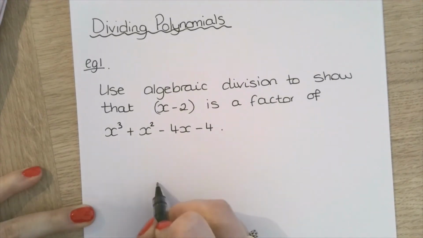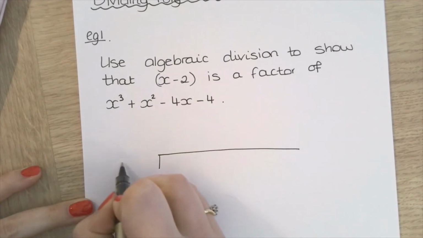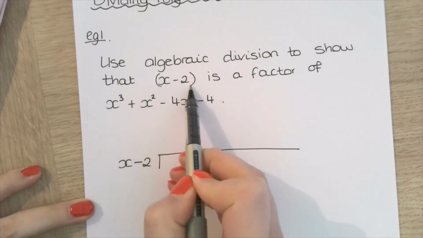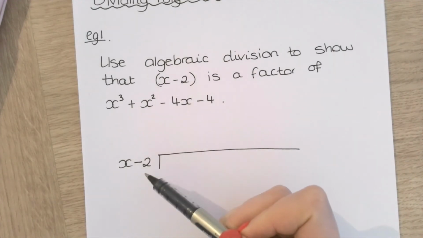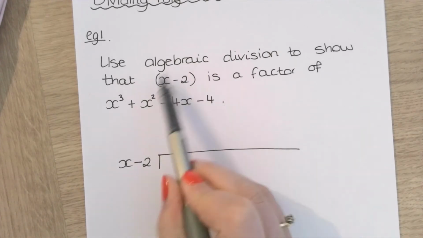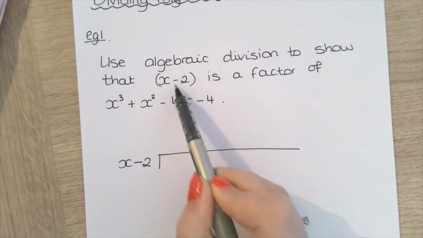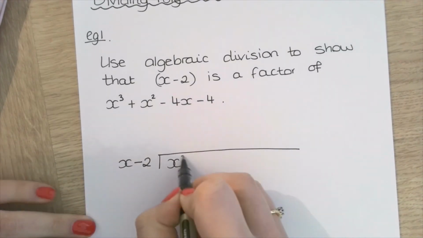I'm going to set up a division, a bus stop division as such, and I am dividing by x minus 2. I'm not swapping the sign this time because I'm dividing by this factor. I'm showing that it's a factor, so I'm dividing by that. What am I dividing? Well, I'm dividing this.